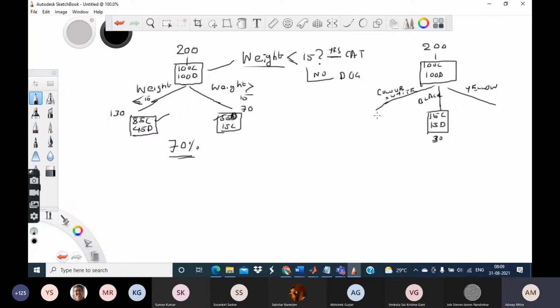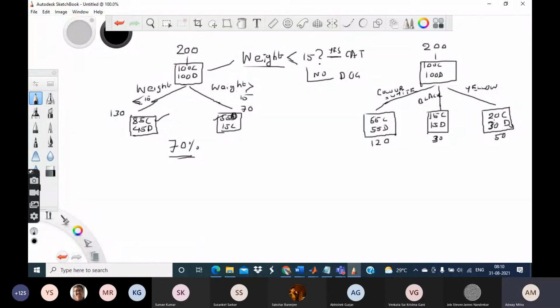In case it is white, let us say there are 120 cases here, out of which maybe 65 are cats and 55 are dogs, and then the remaining 50 are yellow, for which we have 20 cats and 30 dogs.